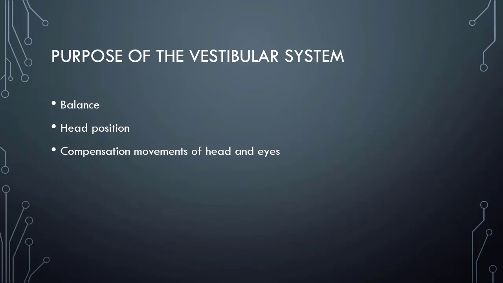Our head in many ways is the center of our world for balance and positioning. The other thing is that it allows us to get some information about head position, and we kind of ignored the section of the chapter on vision about how we correct for movement of the head in vision and things like that, but part of that involves the vestibular system. So it gives us an idea of where our head is turning and how it's moving.